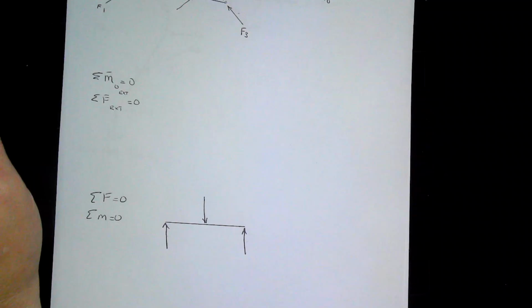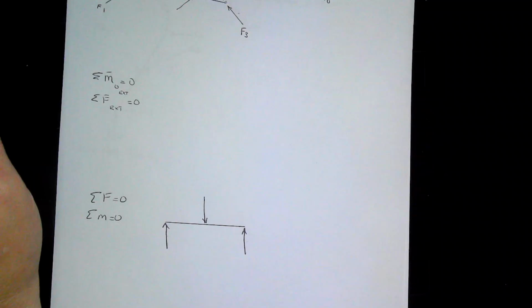I'm going to draw three possible F2s. Here's one here, one here, and one there. Of these three, which one must be the F2? The answer is it has to be this one.